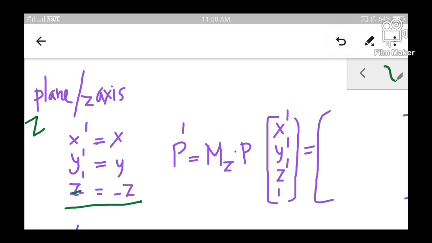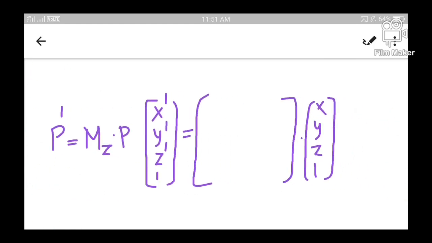Now m represents mirror image or mirror reflection, and z represents its reflection about z-axis or a reflection about xy plane. Now I am going to write the matrix, homogeneous matrix for this corresponding reflection.